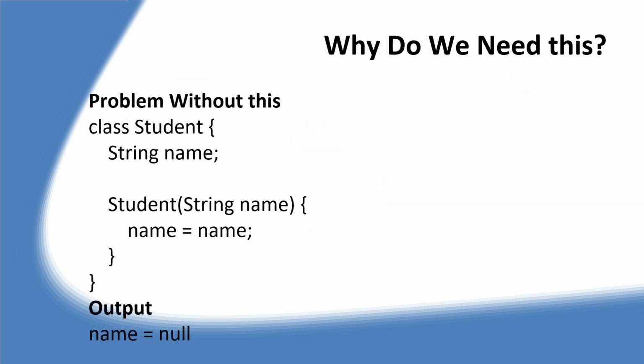Now, why do we need this? Why are we using the this keyword? First, let's understand the problem.